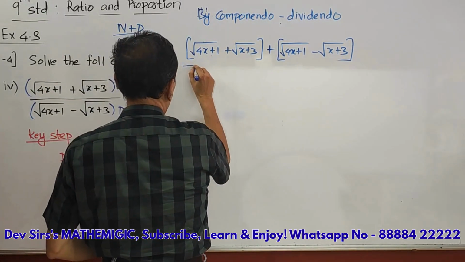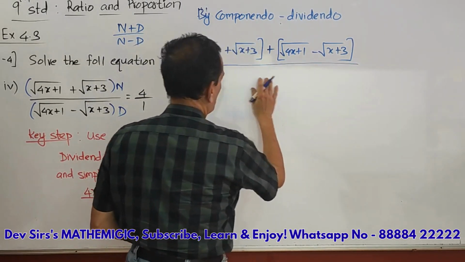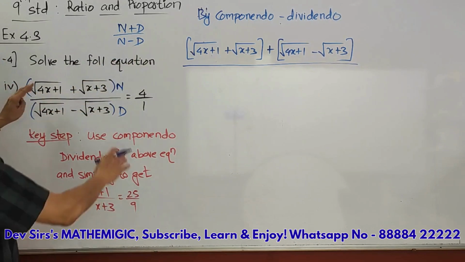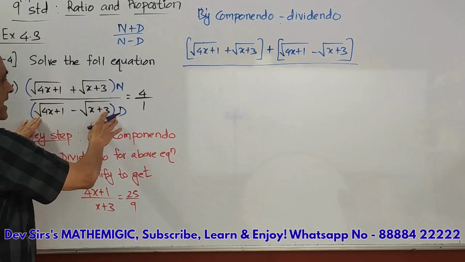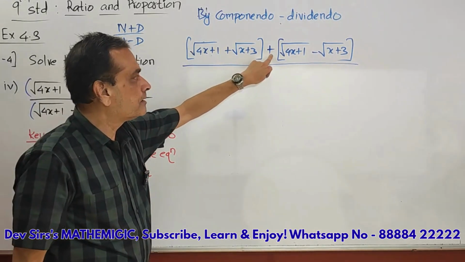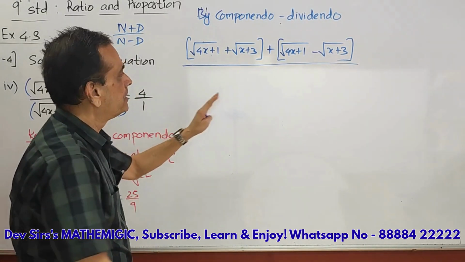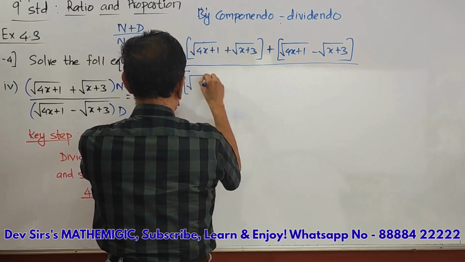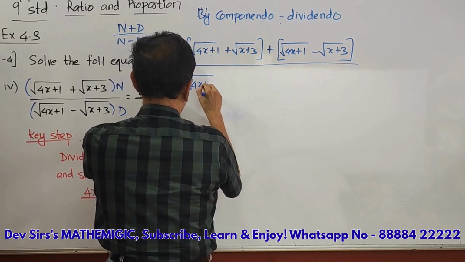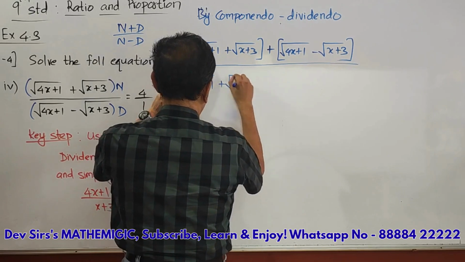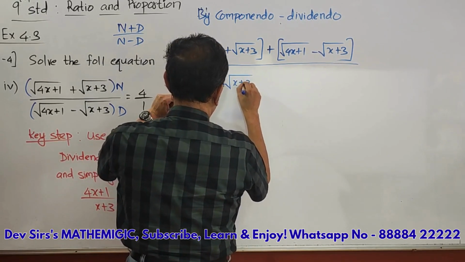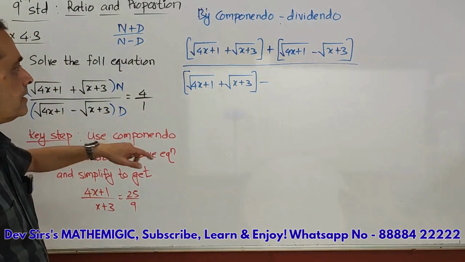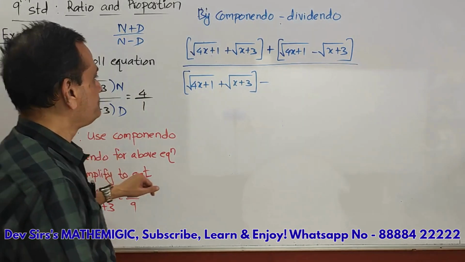Draw a line. What do I write here? Numerator minus denominator. Same numerator minus denominator means only this sign is going to change. So numerator again repeat, minus, same denominator.